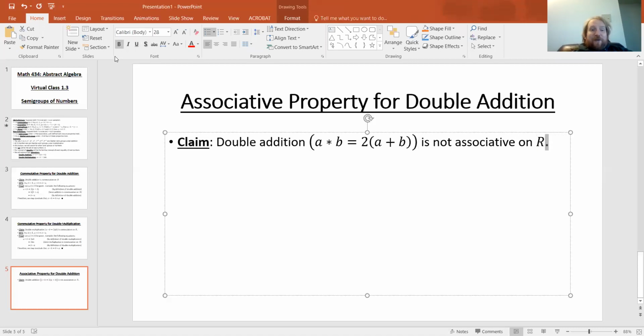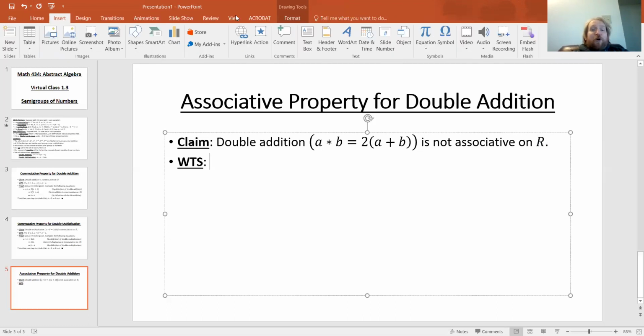Today, that is. In an earlier lecture, we proved that subtraction was not associative. So let's apply the definition of not associative here to the set being the set of real numbers and the operation being double addition.